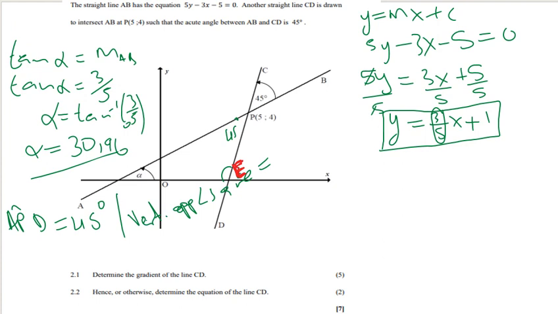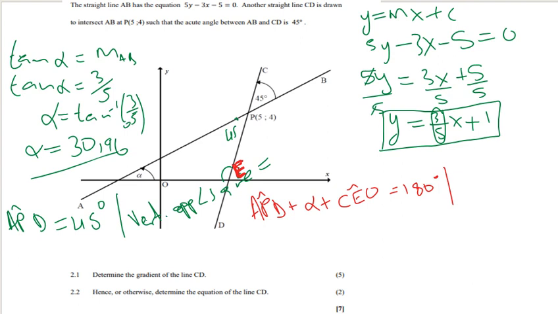it's okay to do this on your answer sheet. So APD plus alpha plus CEO is equal to 180 degrees.